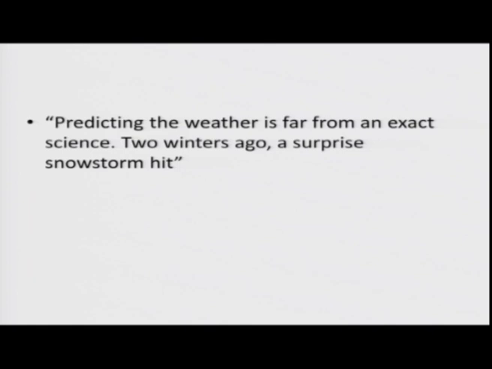Then there is some reference to a winter storm in order to elaborate the first statement. So, writer is here using a specific instance, an example, to give more details about this statement. So, this is what we call the technique of illustration.